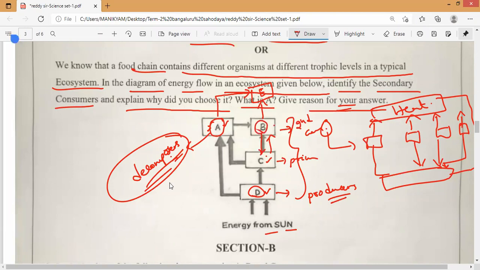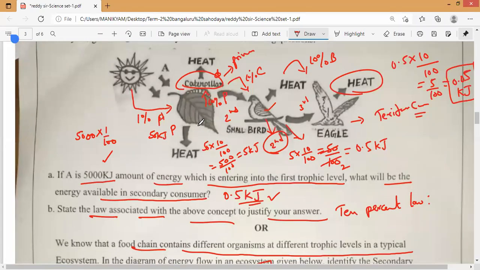We used to call it second level consumers. We can say primary consumers, secondary consumers only. We used to say carnivorous, but now carnivorous also will be eaten by the next one. For example, in the given chain, the eagle is a high level carnivorous organism, called a tertiary consumer.